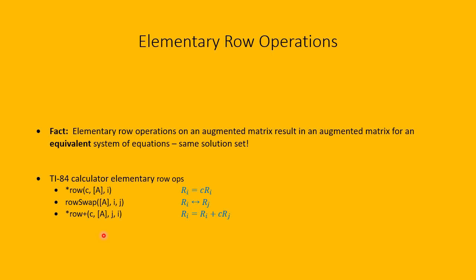One thing to point out is when you do one of these operations on a matrix A, it does not change the matrix A. The result of that operation will be shown to you, but if you want to store it back in A, you'll have to say something like A = *row+ and so on, to make sure that you replace the matrix A with the new one that was created using an elementary row operation.